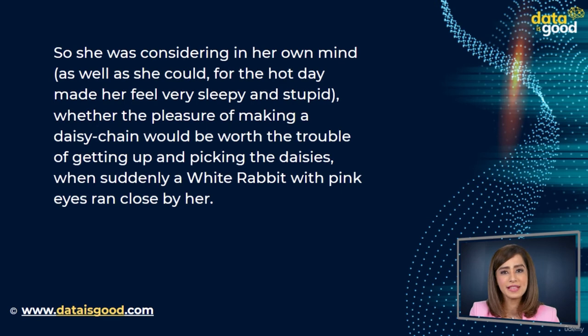So she was considering in her own mind, as well as she could, for the hot day made her feel very sleepy and stupid, whether the pleasure of making a daisy chain would be worth the trouble of getting up and picking the daisies, when suddenly a white rabbit with pink eyes ran close by her.